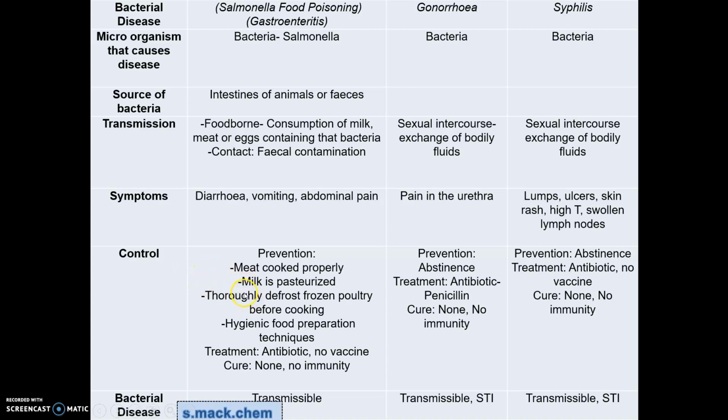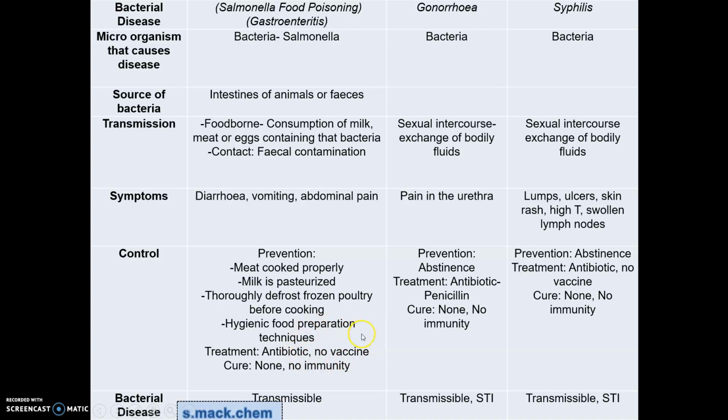With salmonellosis, I'll take the opportunity to mention the treatment. It can be treated with an antibiotic. It may be a mild or strong antibiotic depending on the severity of the gastro that an individual may have.